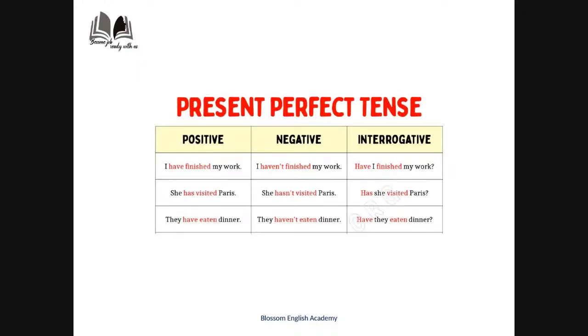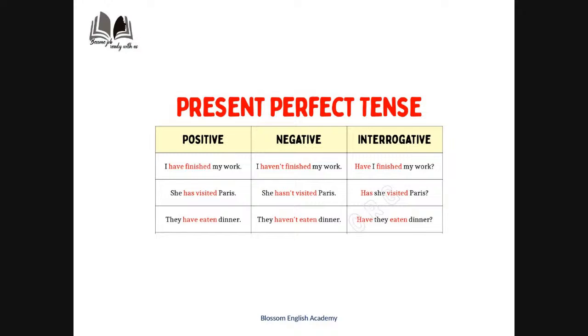So, to frame sentences, the formula is pretty simple. You would have a subject, plus you would have to use have or has depending on the subject.